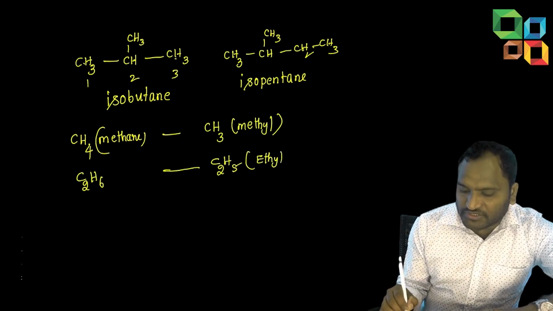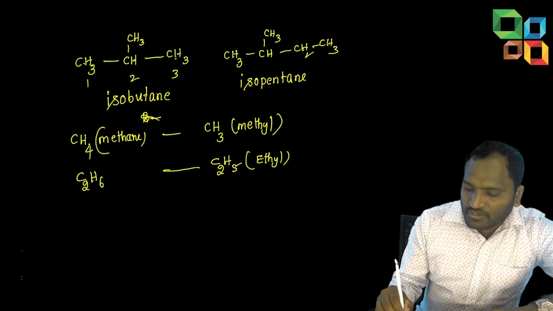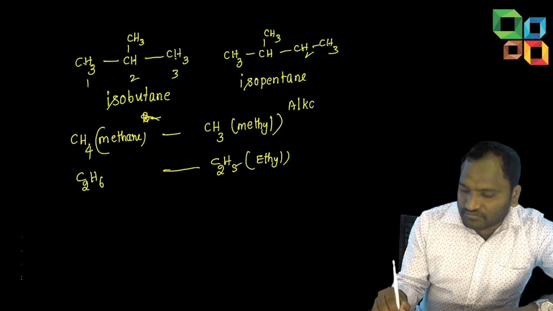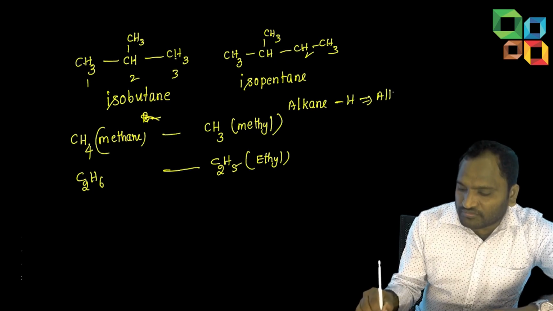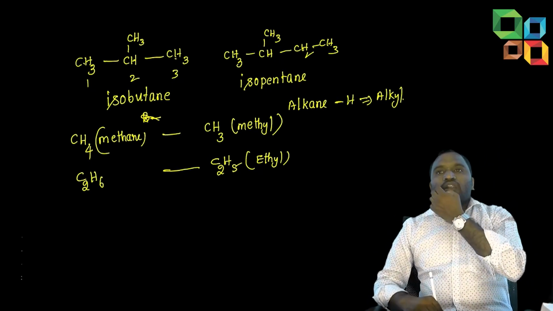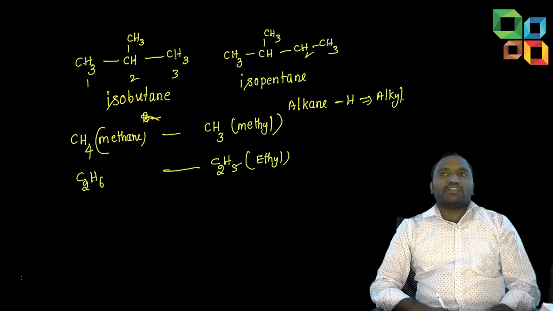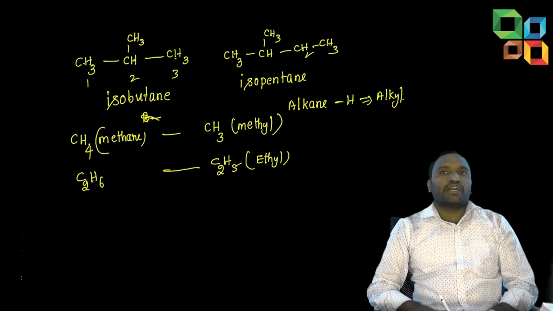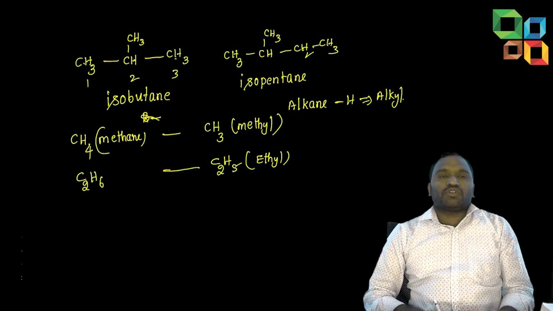Simply I can write like this: alkane minus hydrogen gives alkyl. Methane contains 4 hydrogens. If you remove one hydrogen, it is called methyl. So total number of hydrogens minus 1 you have to do.